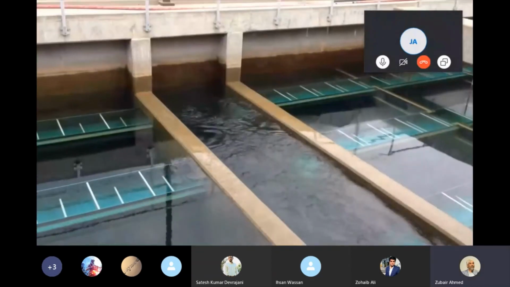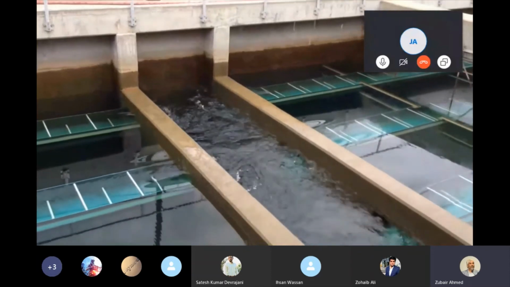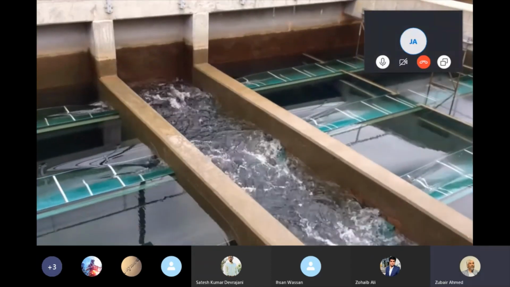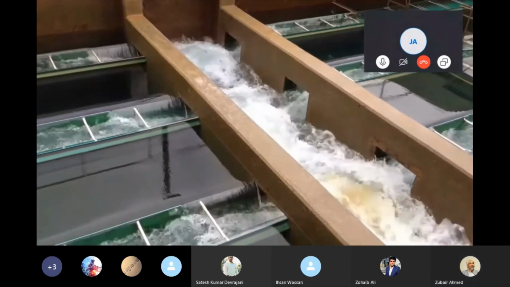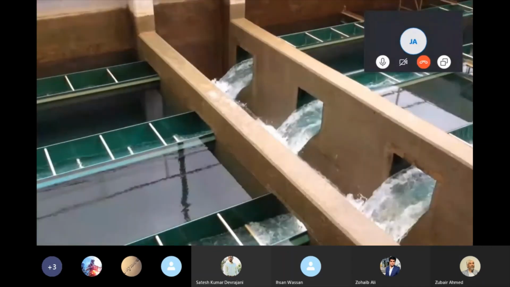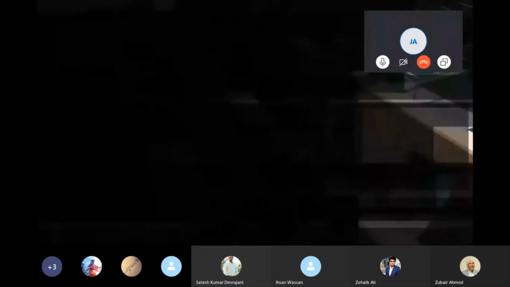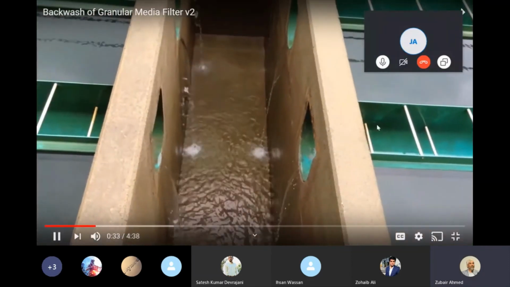So they are just removing water from the filter now before backwash. They first withdraw or remove all of the water. So this is the gullet, okay? This is the gullet and these are the wash troughs.